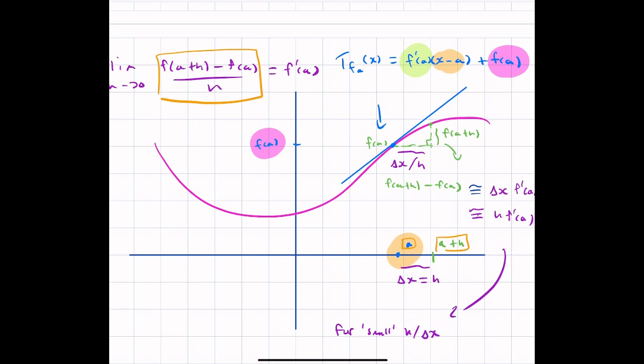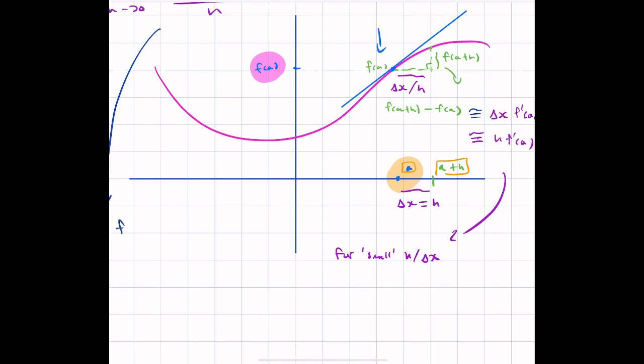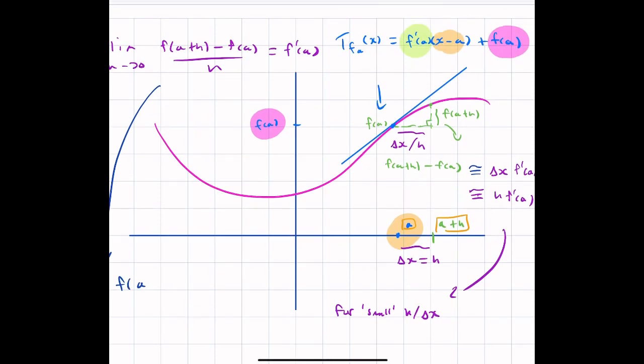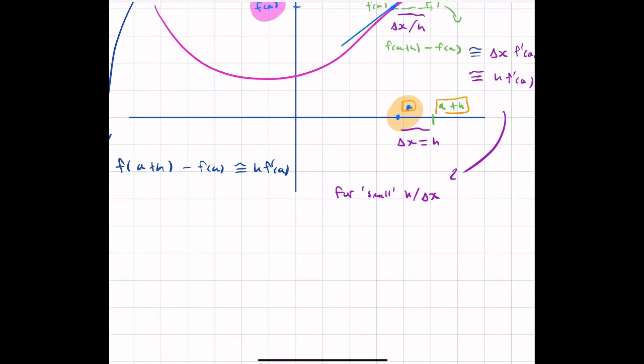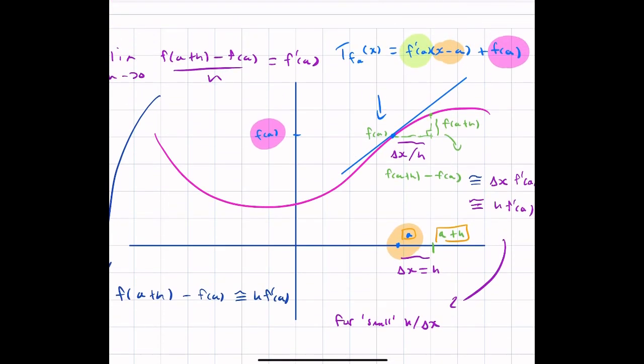And so what this is saying is that by making h small, and we're just multiplying through by the h here, I can make f of a plus h minus f of a, the increment, approximately equal to h times f prime of a. So approximately equal, right? For small h, those things are basically equal.